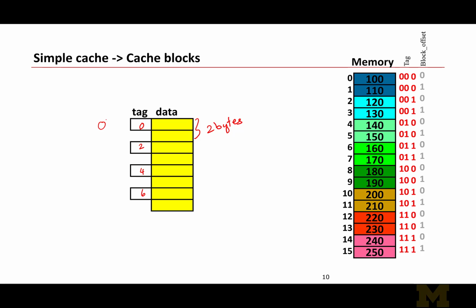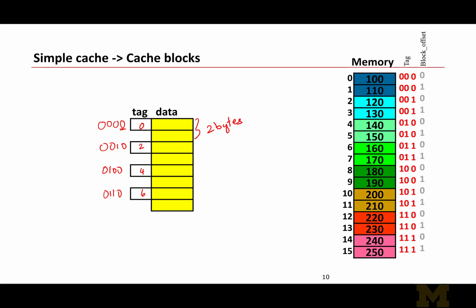So if they are divisible by 2 all the time, you will notice that the last bit is always 0. Okay, now that means we don't really have to store that.